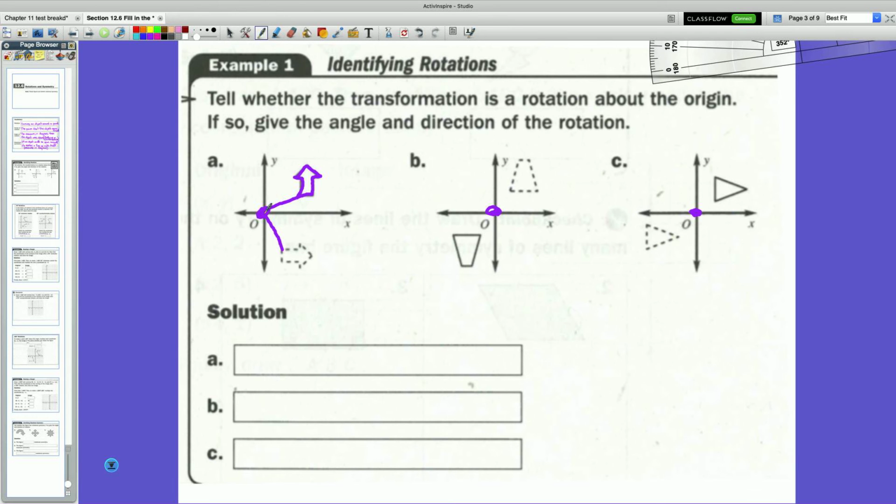Okay, from there to there, it looks like about 90. And it's always going to be multiples of 90 when it's asking you to do this. So if we look there, it looks 90. Okay, so now I'm going to switch colors and we're going to do the same thing for a different point. So let's do the tip. If I draw the tip from here to here, I really need a different color.